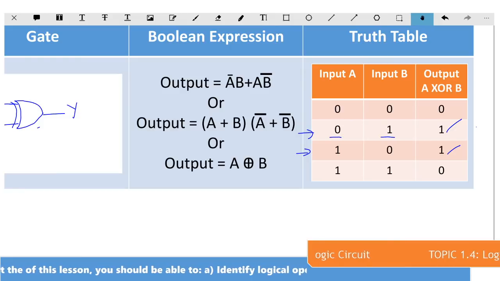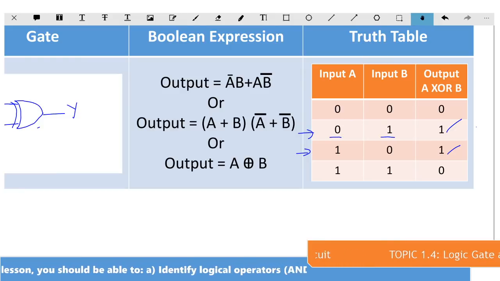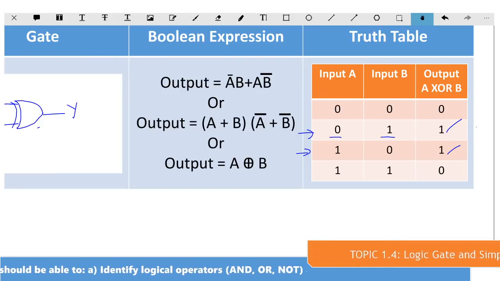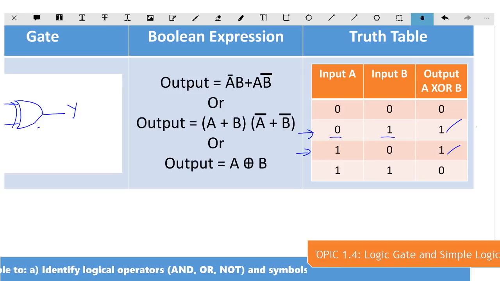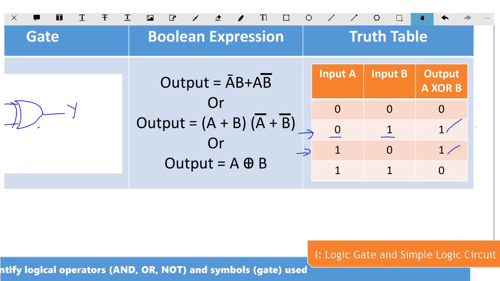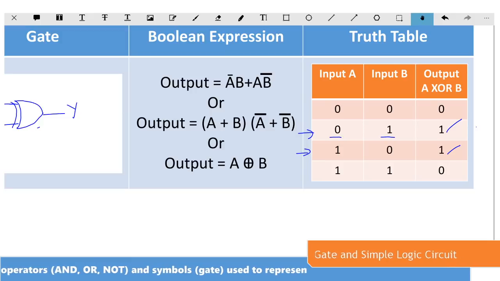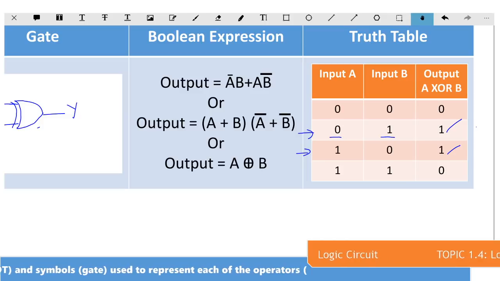If an XOR gate has more than 2 inputs, 3, 4, or maybe 6, then the output becomes true if there is an odd number of its inputs that are true.